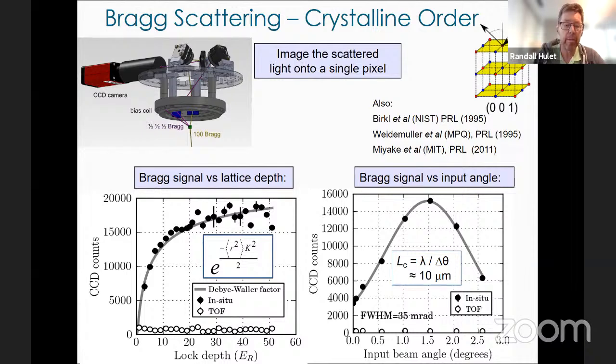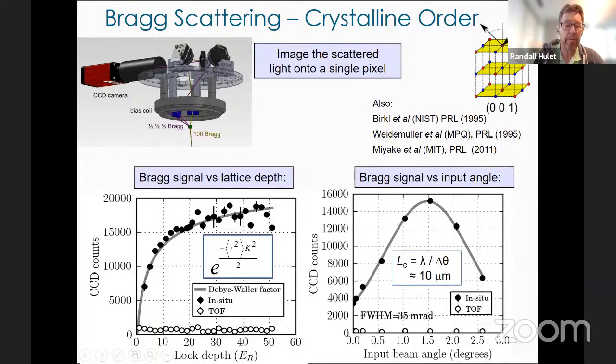If you're in this limit where the distribution of the electrons or atoms is broad, then that will detract from your signal, and your signal will be exponentially suppressed by that factor. So this data shows the effects of this Debye-Waller factor, the physics that expresses how tightly confined the atoms are to the lattice site.